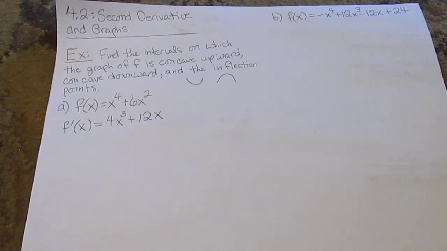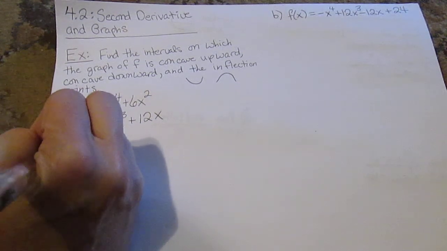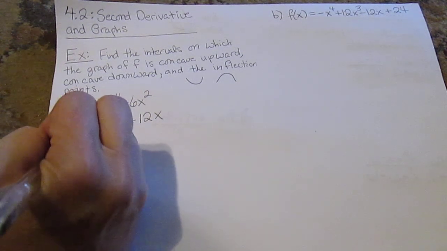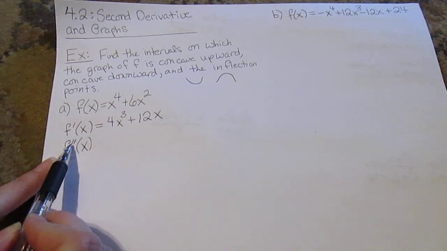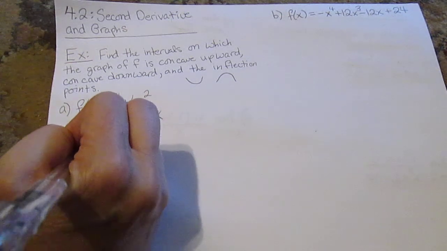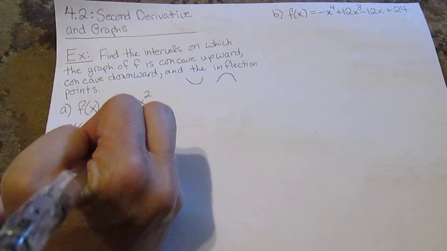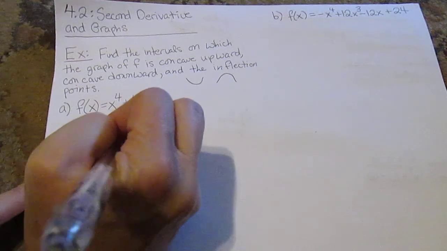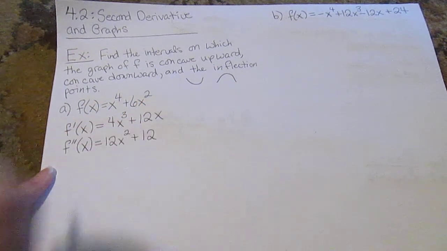All we have to do is take the derivative again to get the second derivative. And notice it's represented with two little primes up here. So we've got 12x squared plus 12.